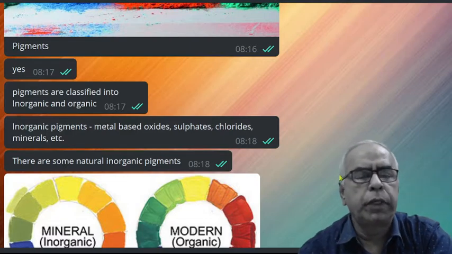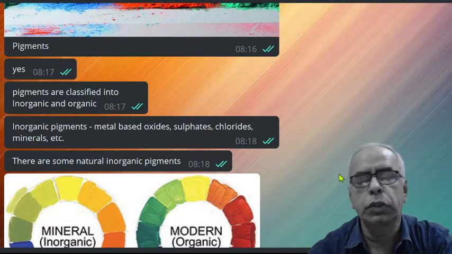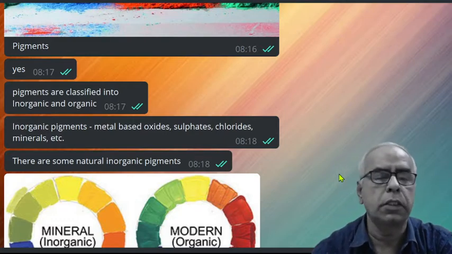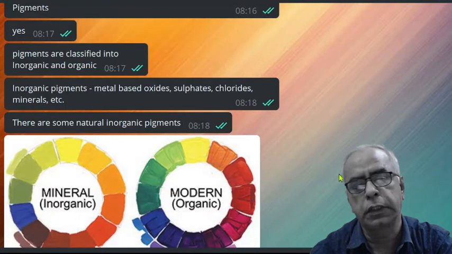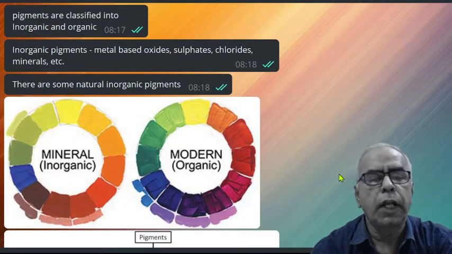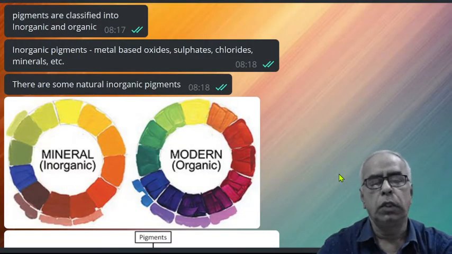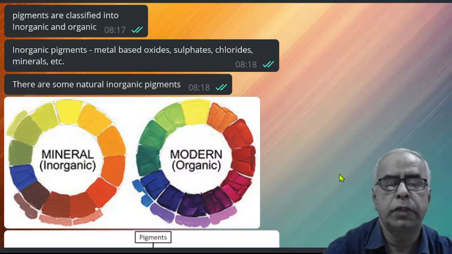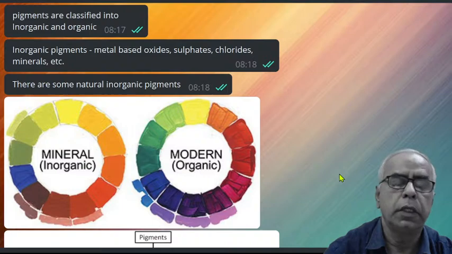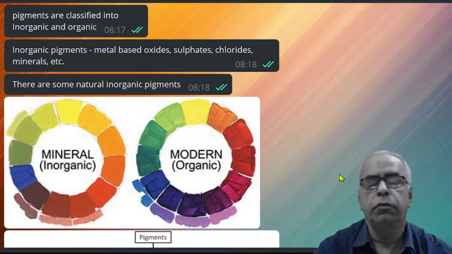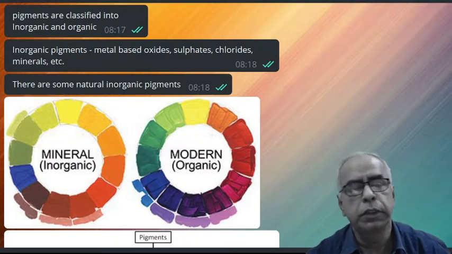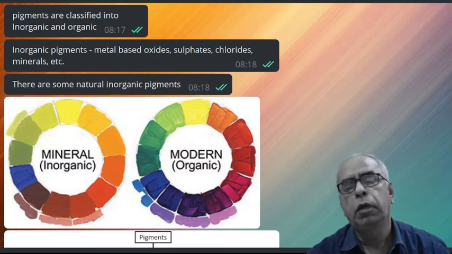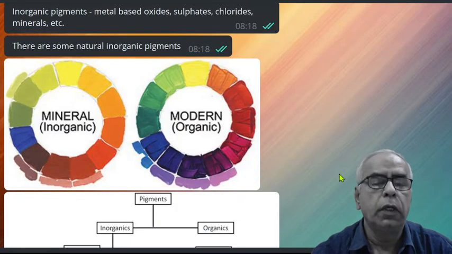Inorganic pigments are metal-based oxides, chlorides, sulfates, and some minerals, etc. There are some natural inorganic pigments, and they are inorganic minerals, we can say. And similarly, nowadays, a variety of modern organic pigments have been tried also.